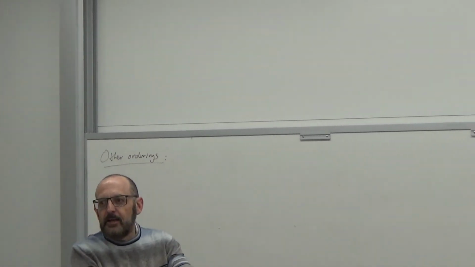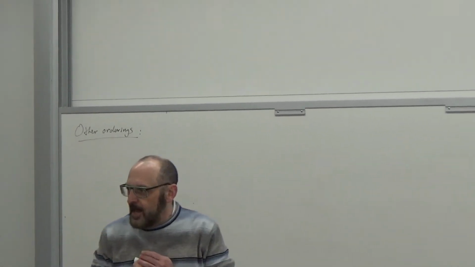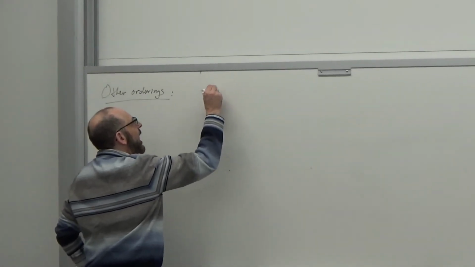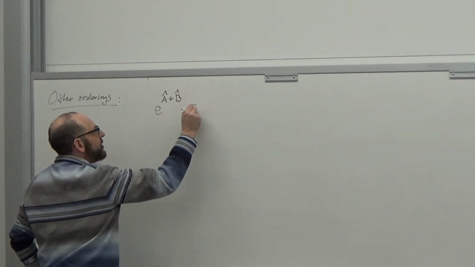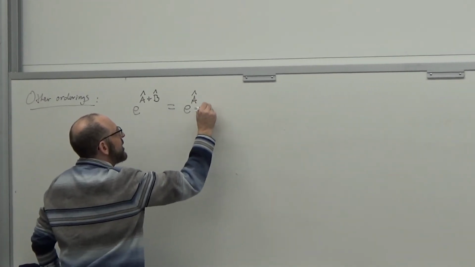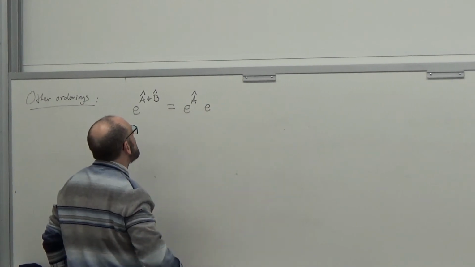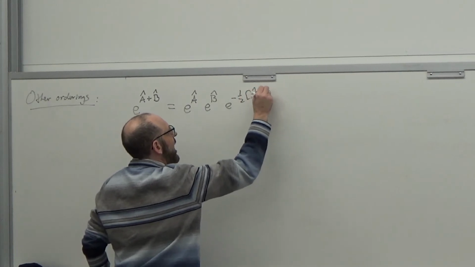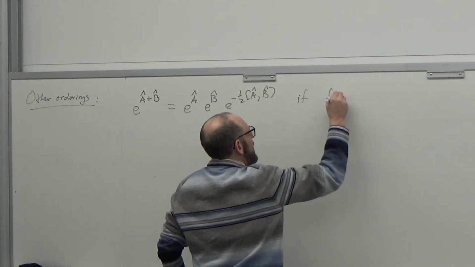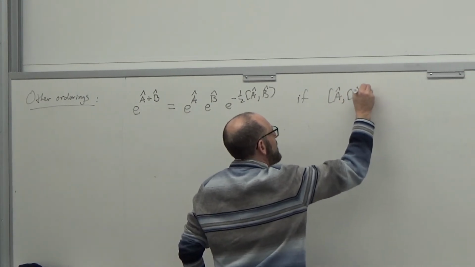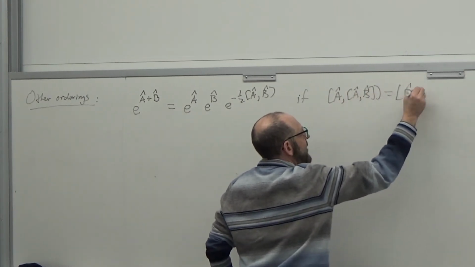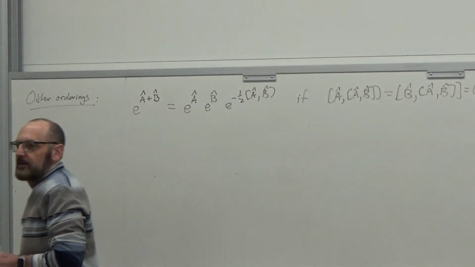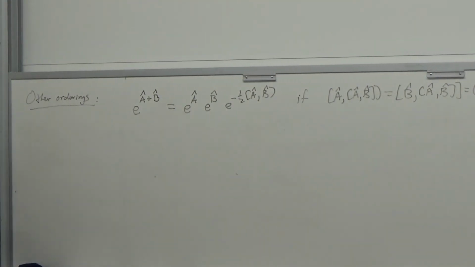Let us recall that we know, using Baker-Campbell-Hausdorff, that e to the a plus b is equal to e to the a times e to the b times e to the minus 1/2 the commutator of a and b, if a and b commute with the commutator, so it truncates. Okay? So we have seen this many times now.